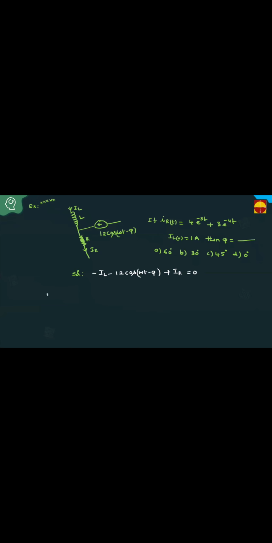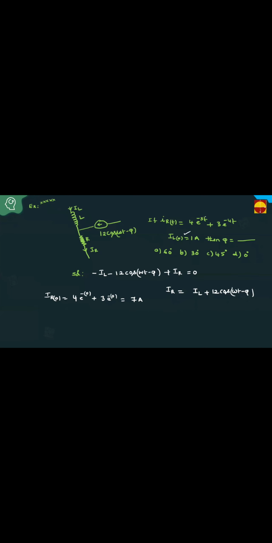First I am calculating IR of 0 because IL of 0 is given. That's why I'm doing IR of 0. 4 e^(-0) plus 3 e^(-0). This is equal to how much? 7 amperes.